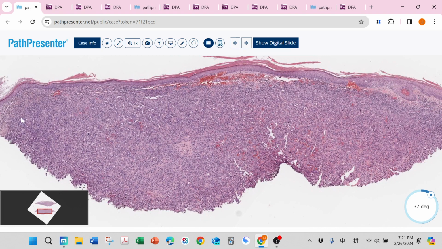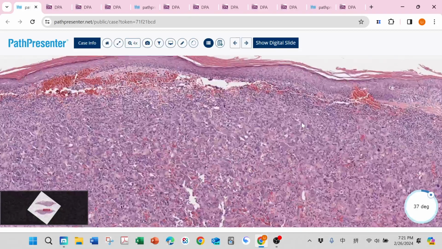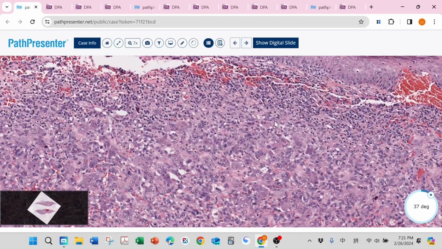Of course, right now we just have a shave, so we could not rule that out. So based on the sample we have, we can just make a diagnosis of AFX and could not rule out pleomorphic dermal sarcoma.